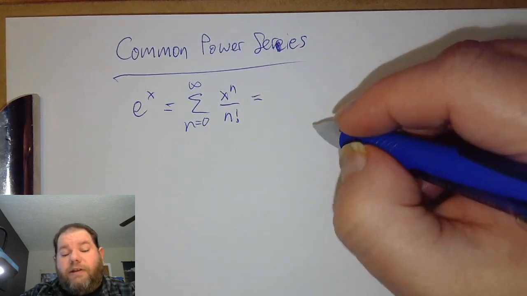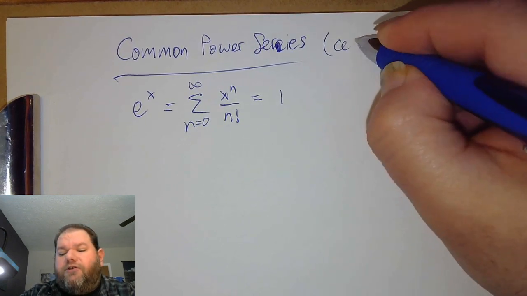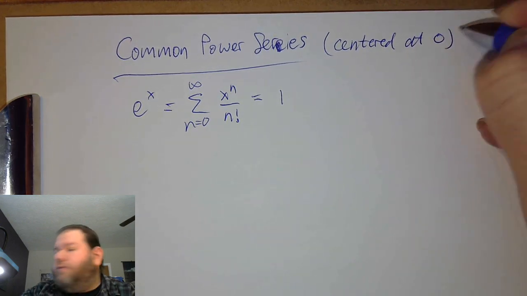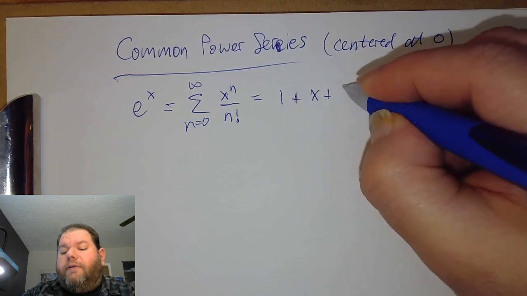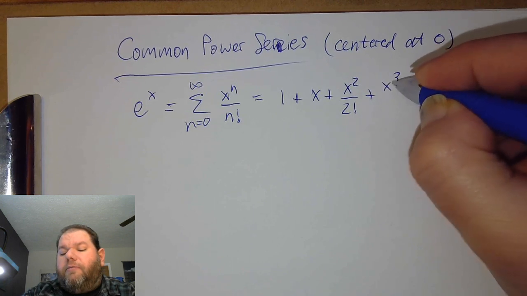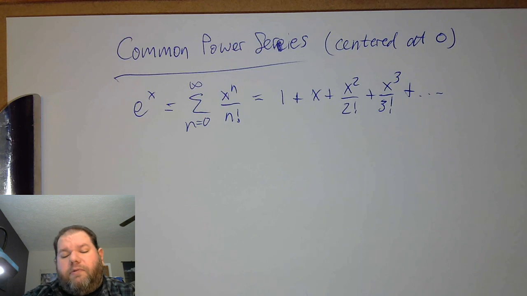So the expansion of e to the x is, and these are centered at 0, by the way, I guess I should mention that, 1 plus x plus x squared over 2 factorial plus x cubed over 3 factorial, and so on. It actually is something that we could easily do with a Taylor polynomial or Taylor series, similar to what we looked at in section 7 last time.